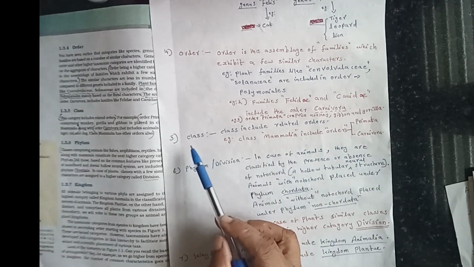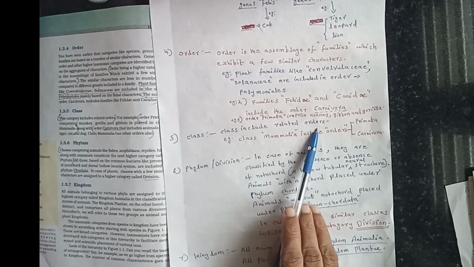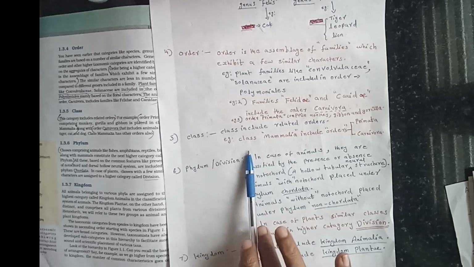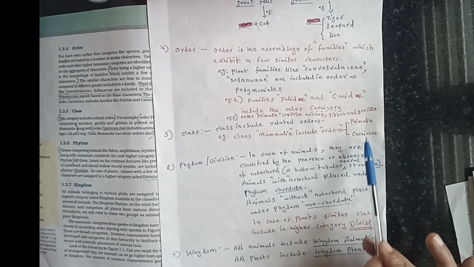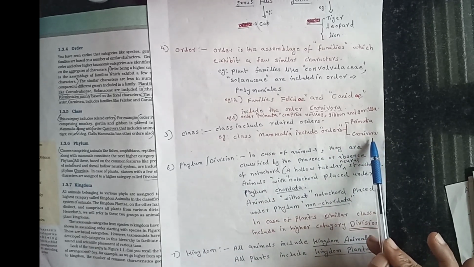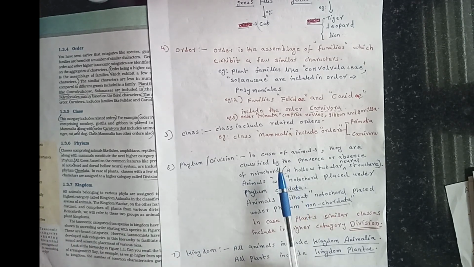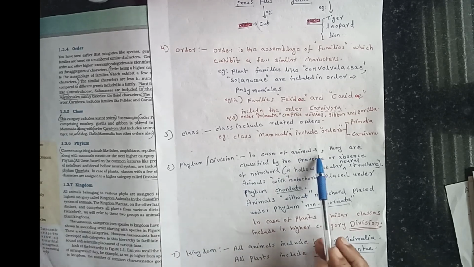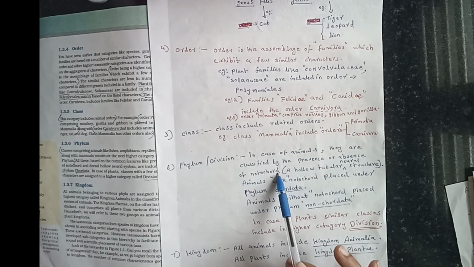Next higher hierarchy is class. Class includes related orders. Example, class Mammalia includes order Primata and Carnivora. Next higher division, phylum and division. In case of animals, they are classified by the presence or absence of notochord.